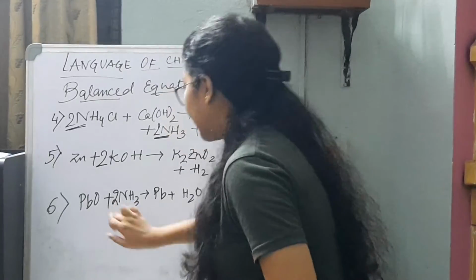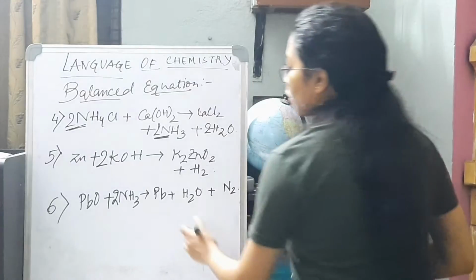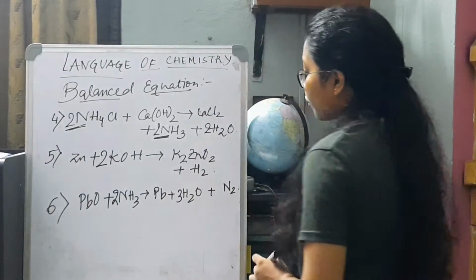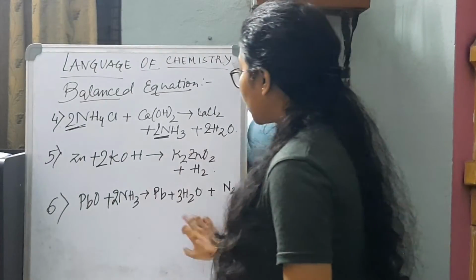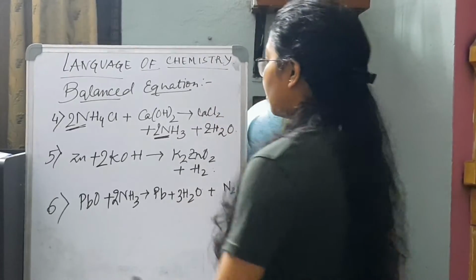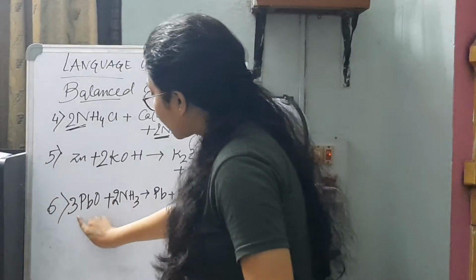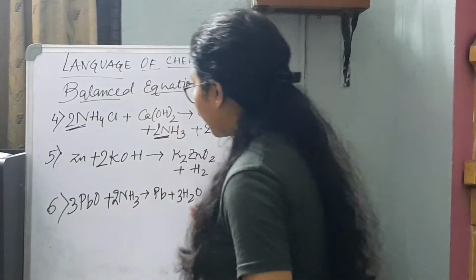Hydrogen became 6. So we have to make this hydrogen 6 as well, so multiplying this by 3. The moment I multiply this one by 3, oxygen is also becoming 3. So oxygen also becomes equal on both LHS and RHS.